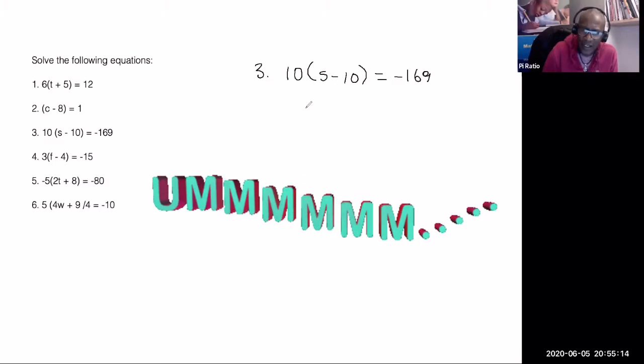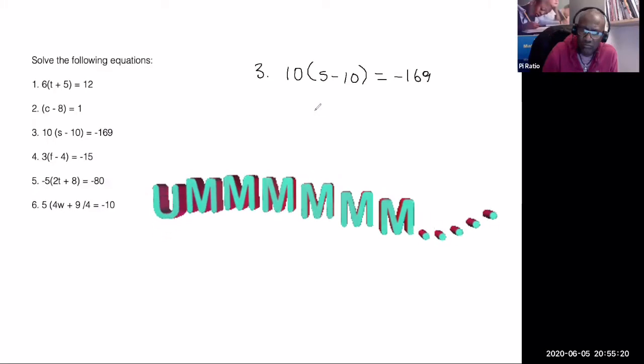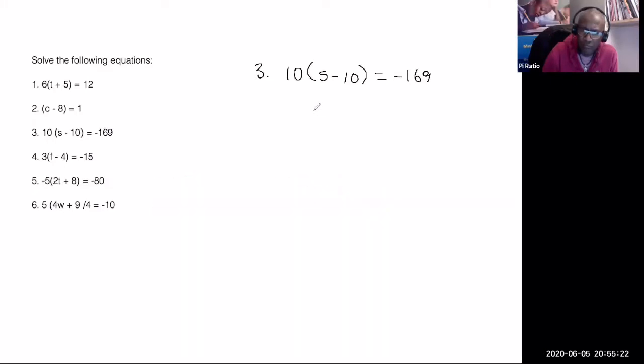Okay, the second line is going to be 10S minus 100 equals minus 169.